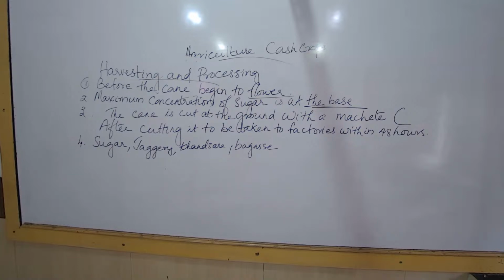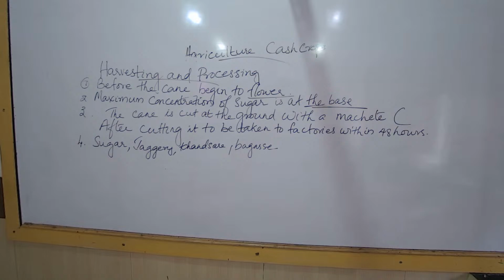Because this season remains only for certain months. Throughout the year, sugarcane we will not get. So because of that, it can work in the cooperative sector. That is why there is a shift from North India to South and Western India.